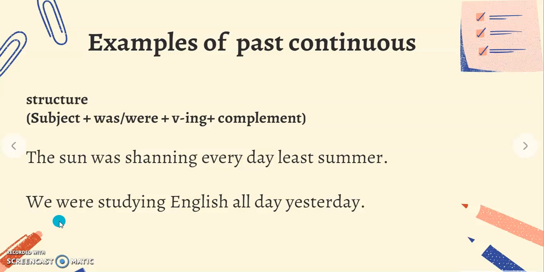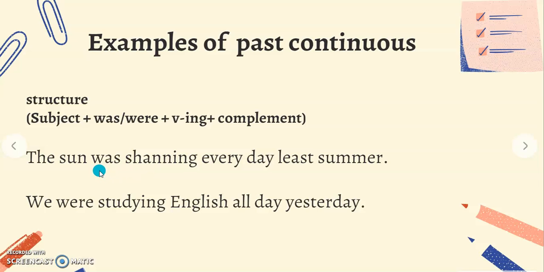The second, we were studying English all day yesterday. Those things happened in the past. I have the subject in the first one. The subject is the sun. I have the verb was, and I have the verb shining with ing.